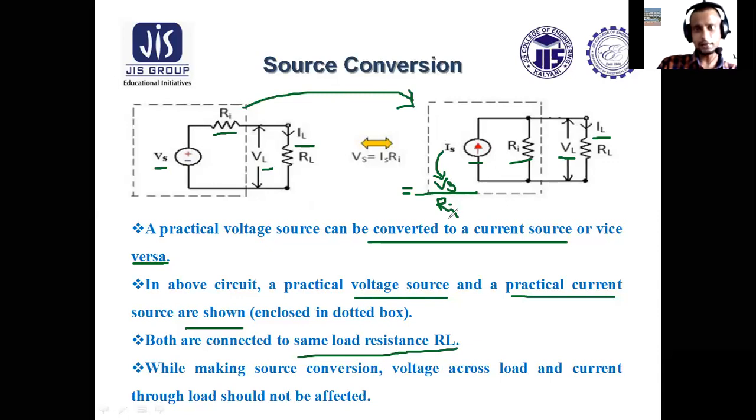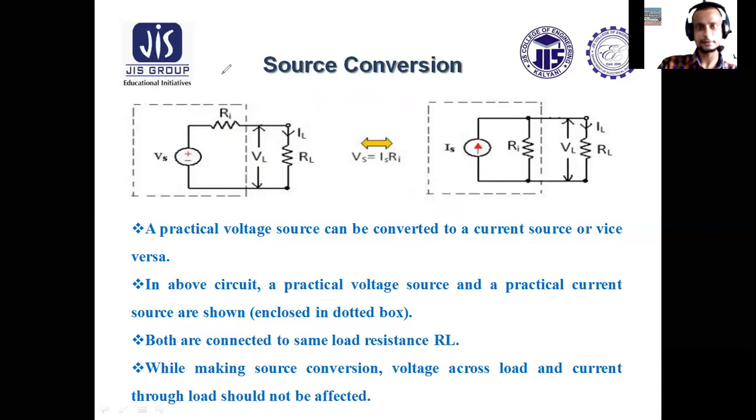So why Vs by Ri, that we'll discuss in the next slide. Also we'll discuss why this series connected resistance with the voltage source, after conversion, becomes in parallel with the current source. That we'll be discussing.